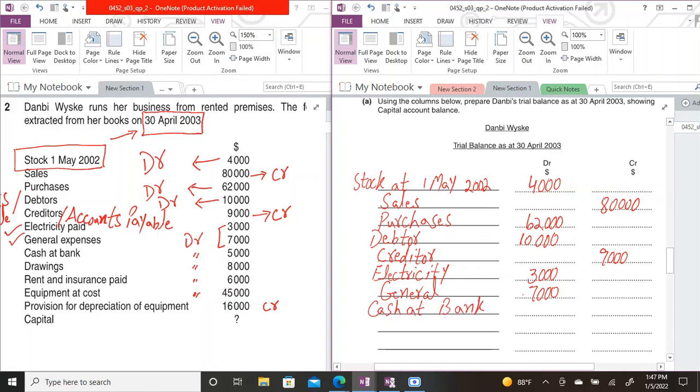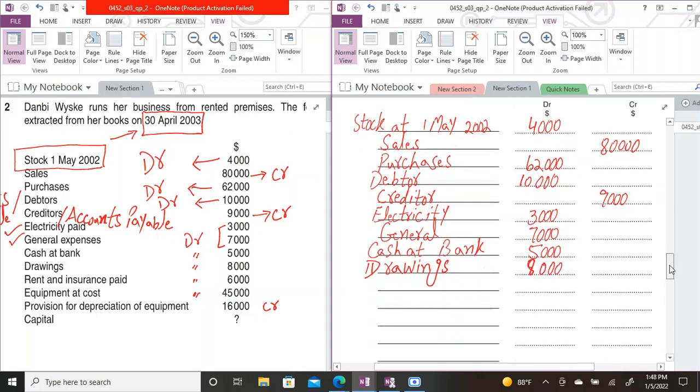Cash at bank, again a current asset. Drawings, is 8,000.